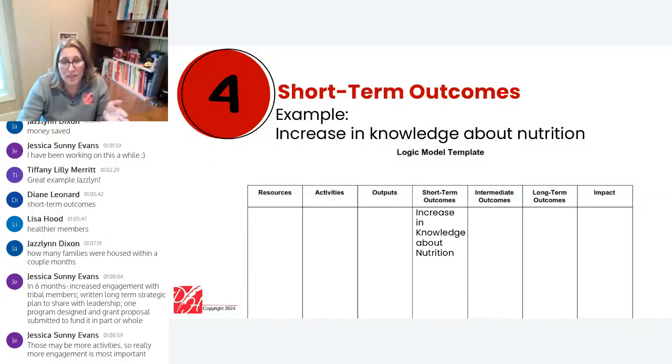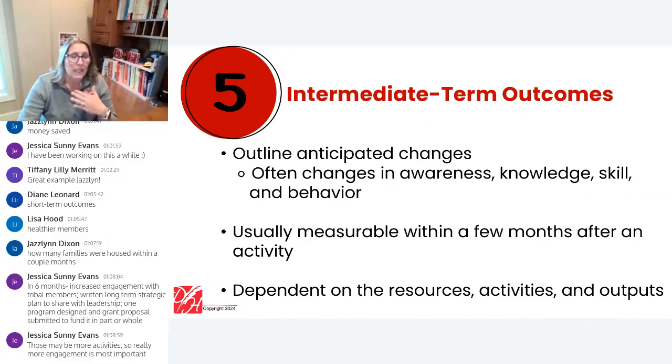Now, what does it look like for intermediate and long-term? You tell me. Same basic idea. We're dealing with changes in awareness, knowledge, skill, behavior. What I'd love to hear as you're thinking about intermediate, let's put intermediate outcomes.